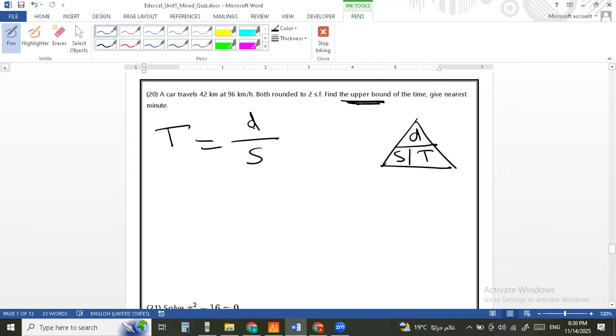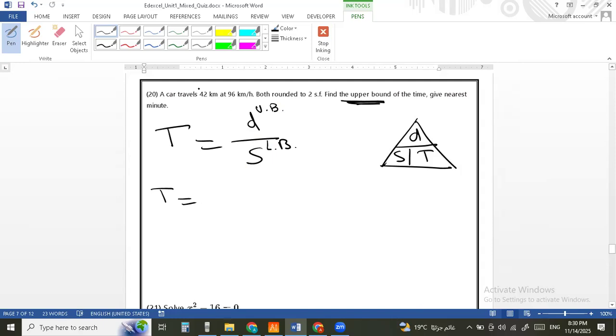But Mr., here, they wanted the upper bound, so I'm going to need to find the upper bound of the distance. Yes, you need to find the upper bound of the distance. Over speed, also, I'm going to find the upper bound of the speed? No, Mr. Ahmed said, when you divide, you find the opposite of what they want. So I'm going to find the lower bound of the speed. So time equals, what is the upper bound of the distance?